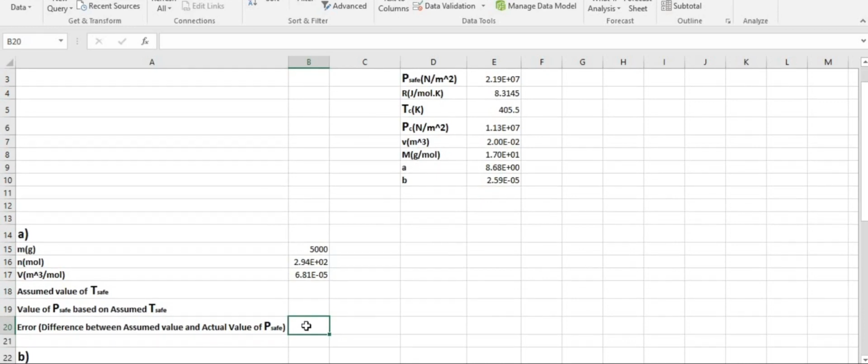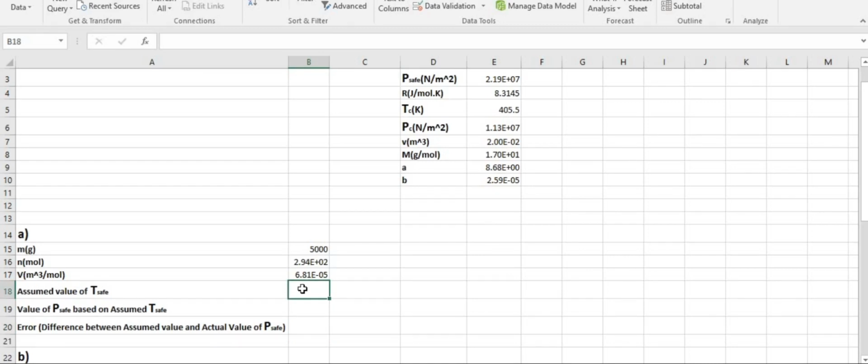Now we'll go to Solver and try to minimize that error between the actual value of P safe and this calculated value by changing the value of assumed T safe. Now after automatically minimizing the error, we are left with an almost accurate value of T safe.